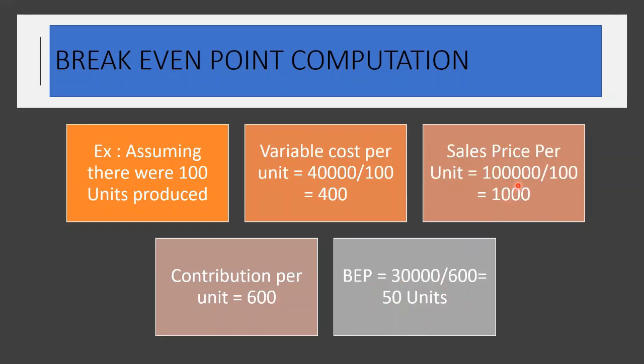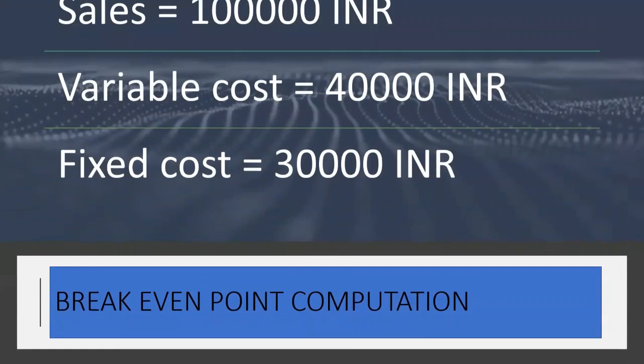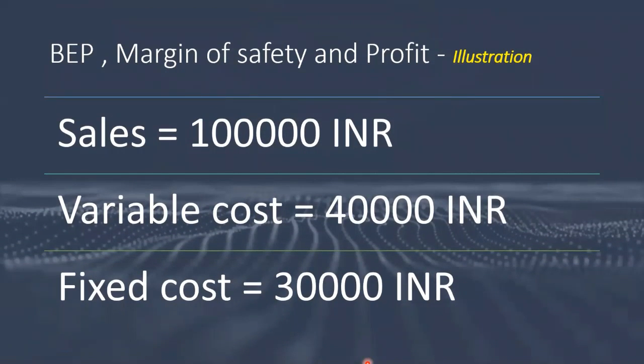50 into 1,000 is what? 50,000. What did I say in the previous computation? 1 lakh minus 40,000, that is 60,000. 30,000 divided by 60,000, 50%. 50% of 1 lakh is equal to 50,000 as the BEP sales.